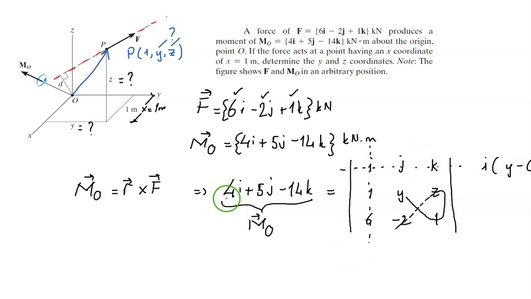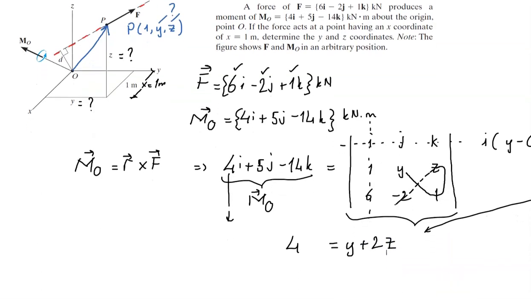So the i component of this side will be equal to the i component of the other side: 4 will be equal to y plus 2z.